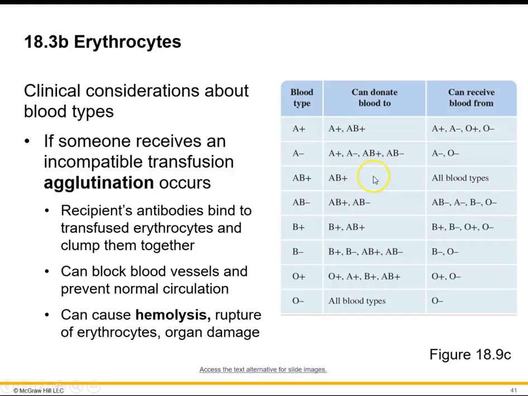So what happens here is you've got a patient who doesn't have any antibodies to any of the blood groups, the ABO groups or the Rh group. So no circulating antibodies. They're not going to react to any transfused blood from any blood type.